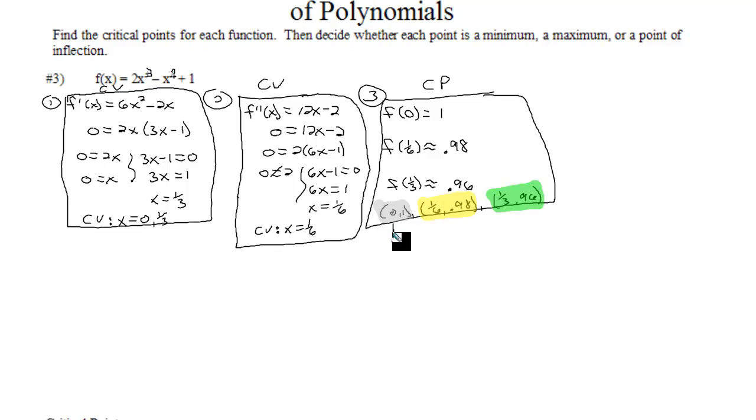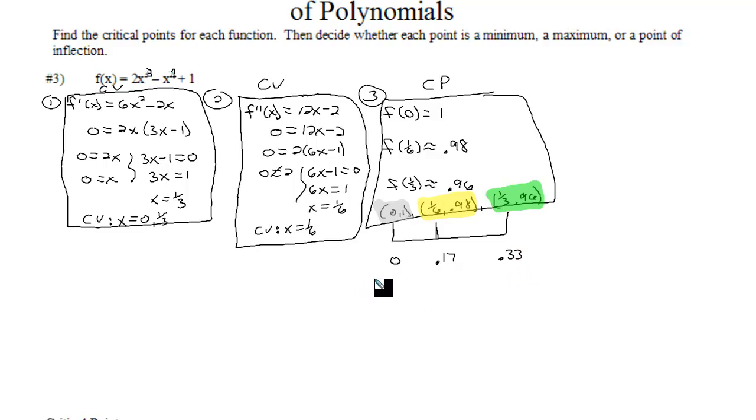We're looking at these 3 critical values: 0, 1/6, which is approximately 0.17, and 1/3, which is approximately 0.33.